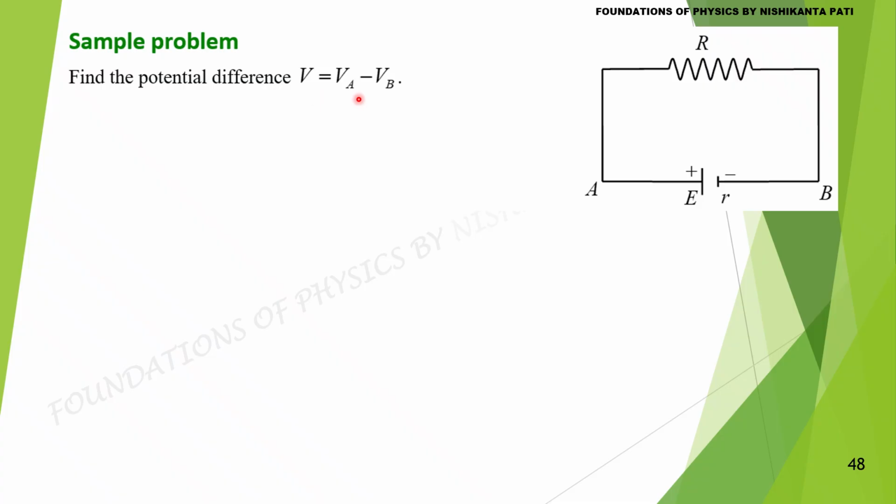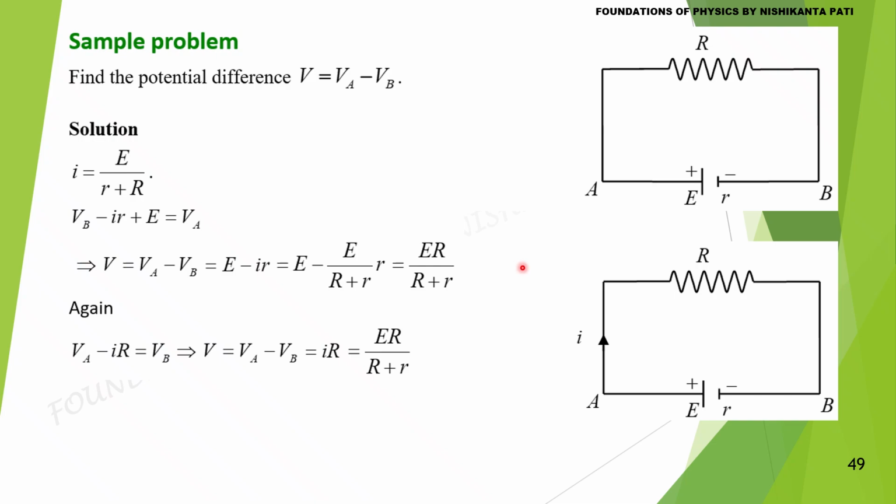And the potential difference VA minus VB, we need the potential difference VA minus VB. Let current I flow, then I is equal to E by R plus R. So if I follow the path B to A along this way, then VB minus IR plus E equal to VA.